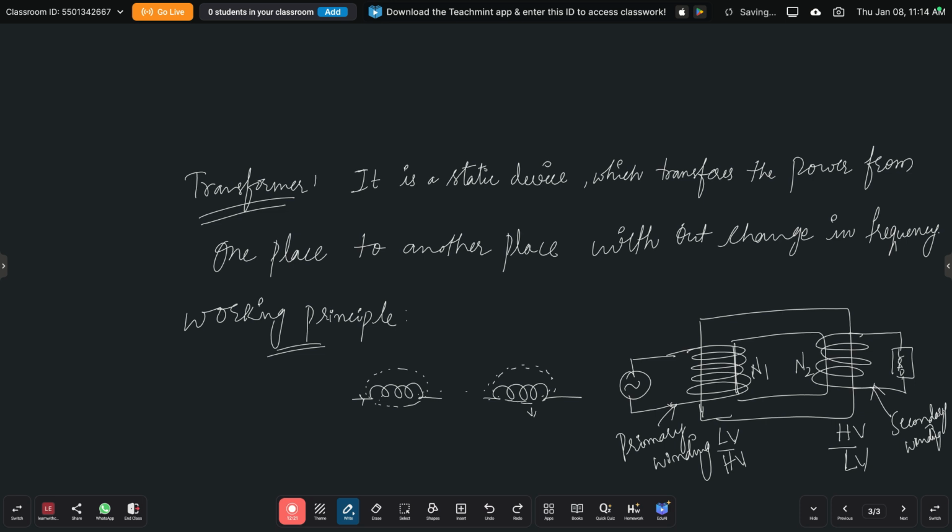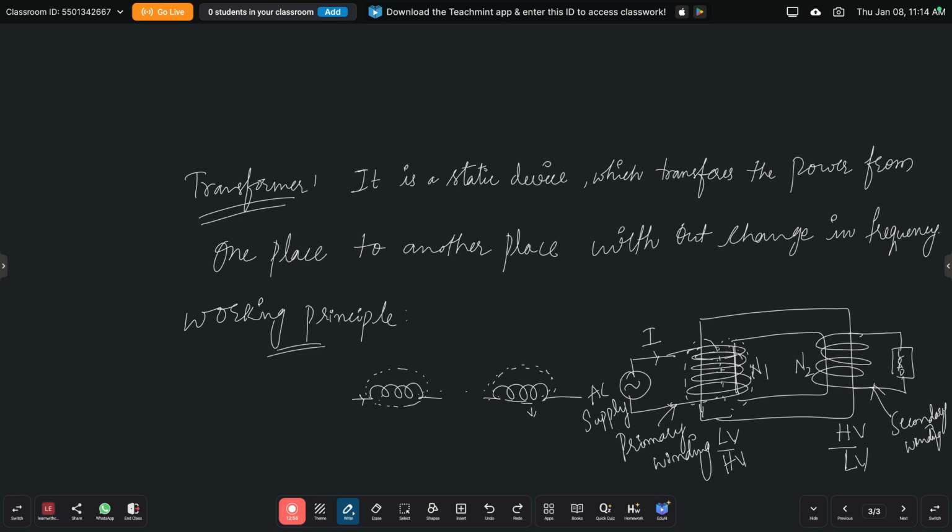Now we connect the AC supply on the primary side. The primary voltage is connected to the primary winding, then the primary current flows. Whenever current passes through this winding, flux is produced according to Faraday's law.